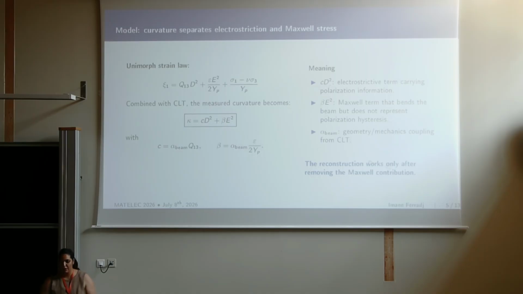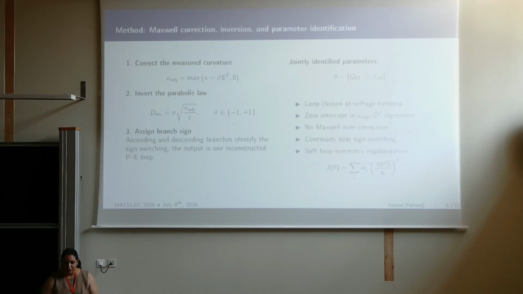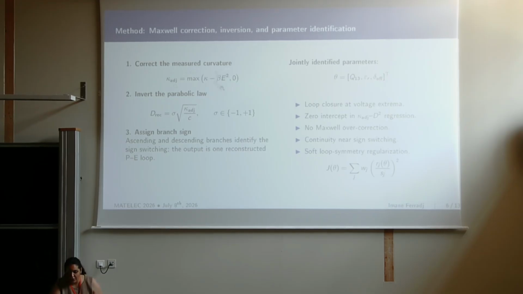So the idea is to make sure we remove this term called the Maxwell contribution, because electrostriction and Maxwell usually look kind of alike, but we need to make this distinction. So the algorithm starts by first correcting the measured curvature, by removing this Maxwell effect.